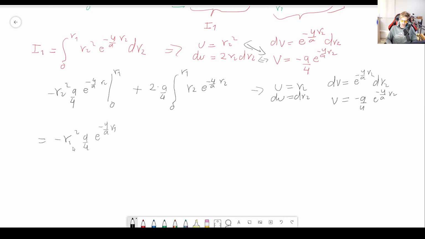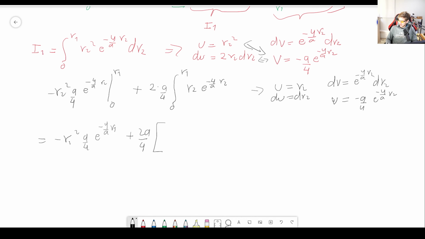In that case, this would also be 0, but this is not the case. That's why we couldn't use the formula before. And then we have plus 2a over 4. I'm not simplifying it because there's going to be a lot of a over 4, and it might be important to factor it out later, but it's not particularly important. You can simplify it if you feel like it's annoying you.